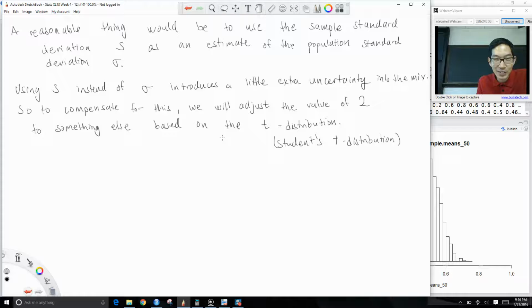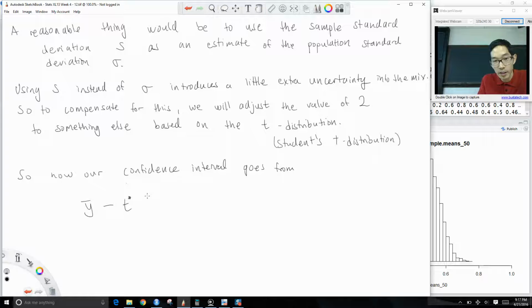All right, so this introduces a little bit of uncertainty. So we're going to use the t distribution. Now our confidence interval goes from y bar minus, and to indicate the value, instead of 2, I'm going to call it t star.